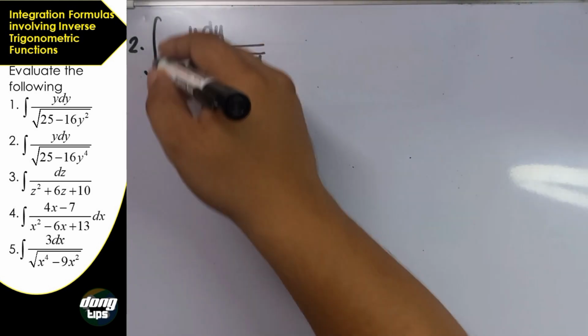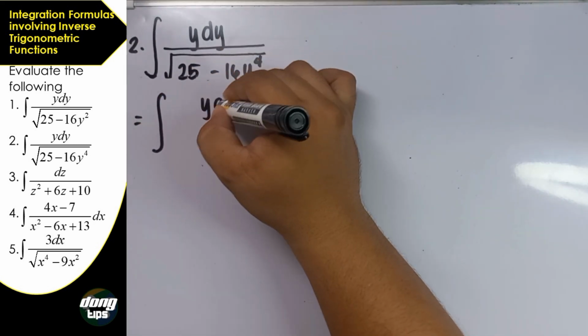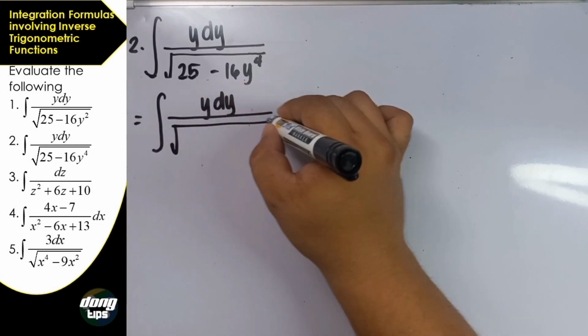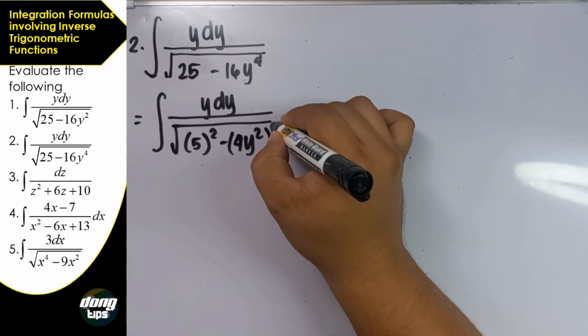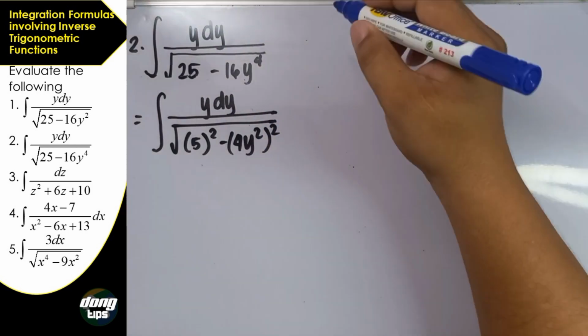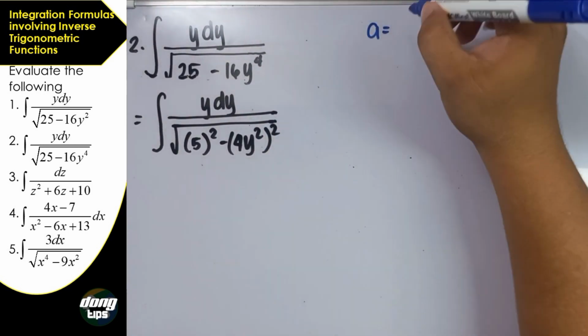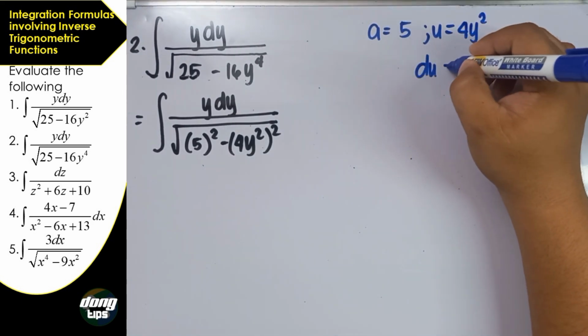For number 2, let's change the exponent into 4. Simplify it as per the formula. We get a equals 5, u equals 4y squared, then solve for its derivative, that is 8y dy.